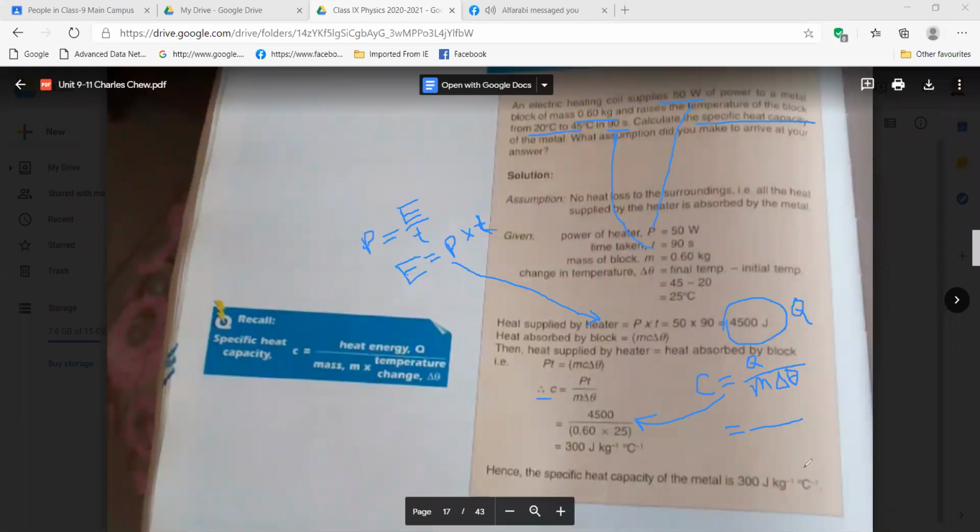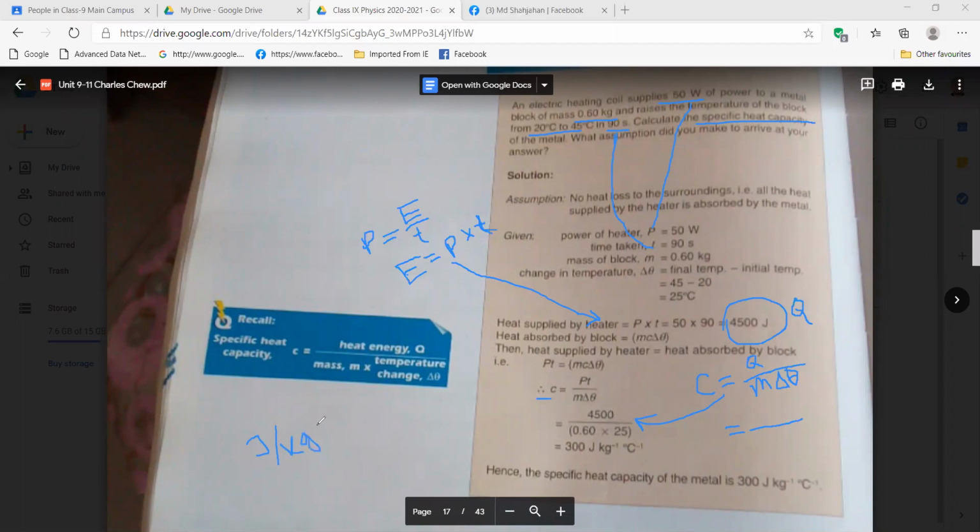Clear? Sir, one confusion. Yeah, tell me. Sir, joules per kg degree Celsius, right? If you write this way, both are in the denominator, joule per kg, and then degree Celsius.